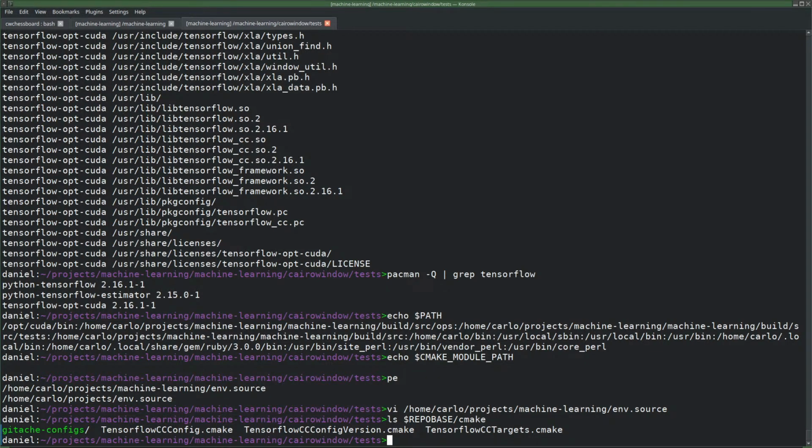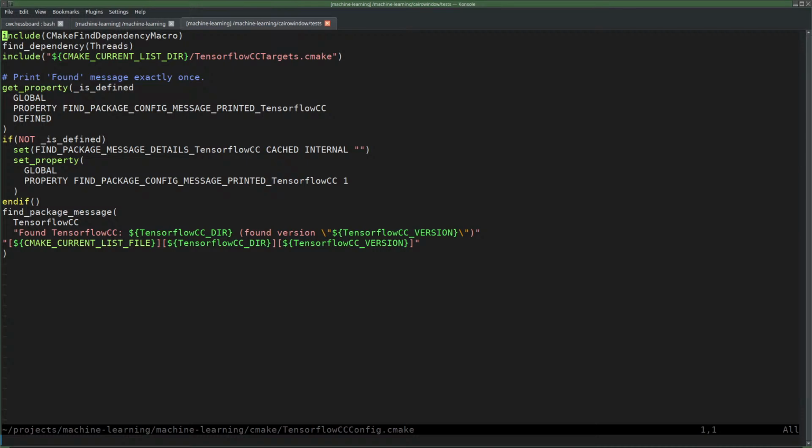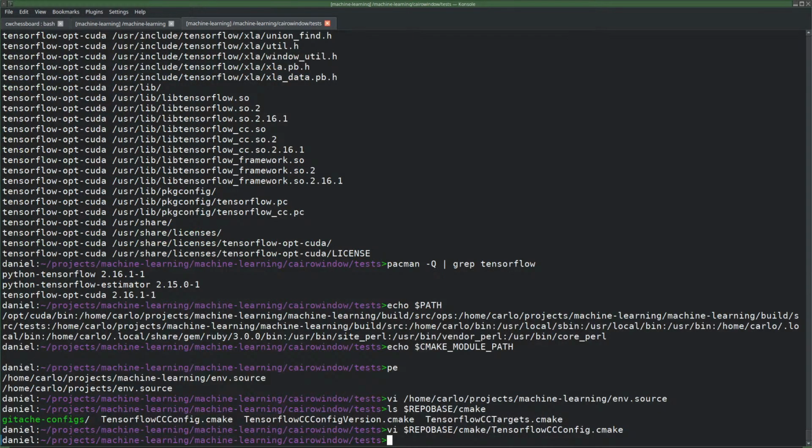I provided them myself. Yeah. Wait a minute, that's a repo base. So I do have that. Oh, we do have that.